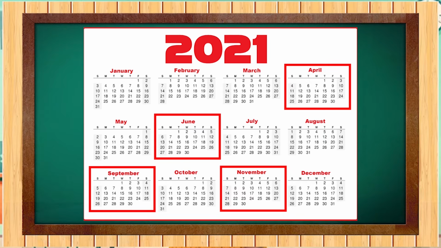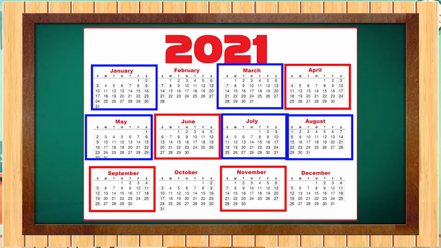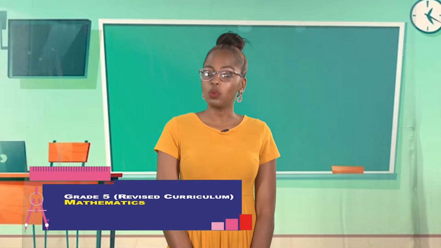And all the other months besides September, April, June, and November have 31 days. That includes January, of course, March, May, July, August, October, and December.